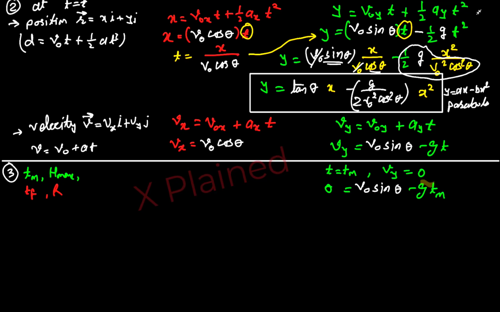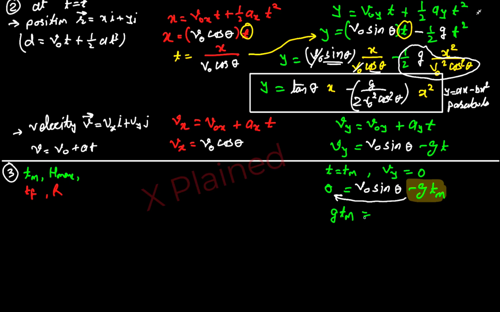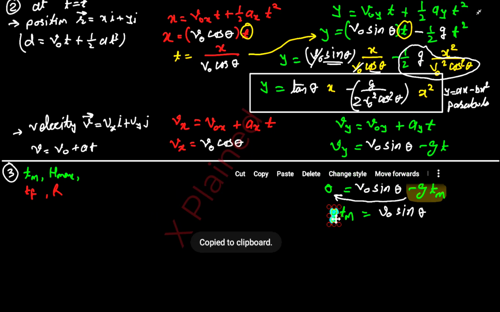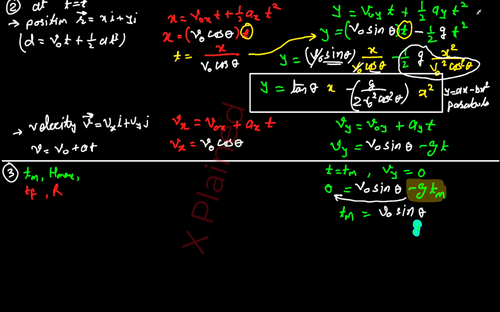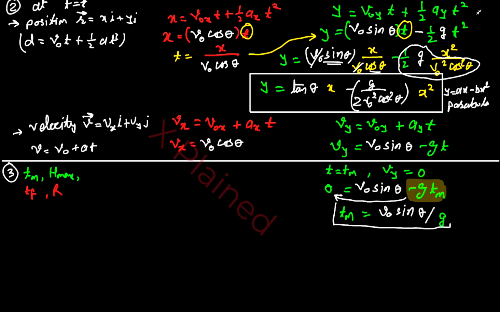So if we move this term on the right side, we will get g into tm is equal to v0 sin theta. But as you know, we need tm. So let's make it the subject by moving g on the right side, but it will go into the denominator. So here we get your time to achieve maximum height.